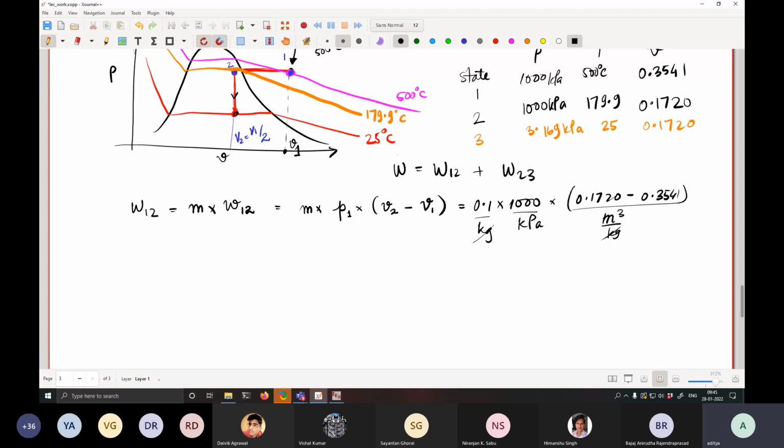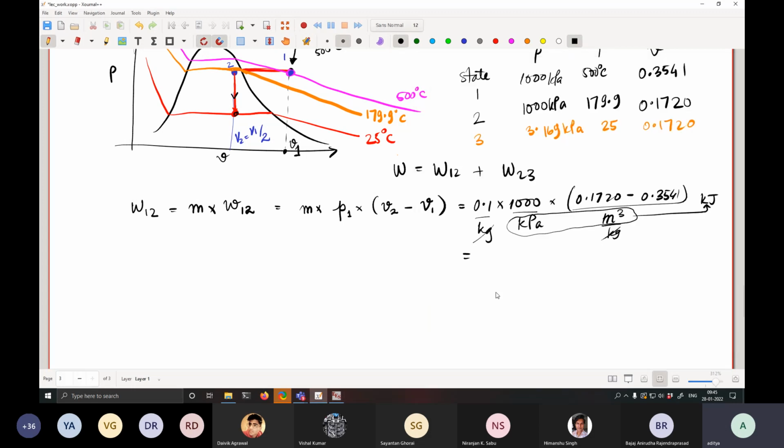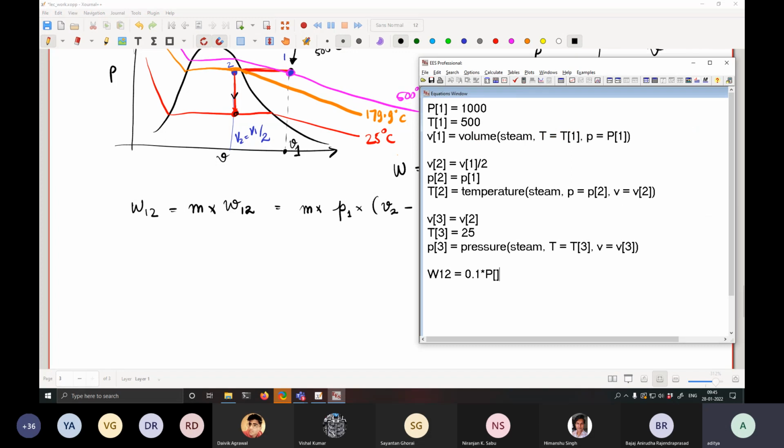When you multiply these units, you directly obtain the answer in kilojoule. So W12 is the mass 0.1 times P1 times V2 minus V1.